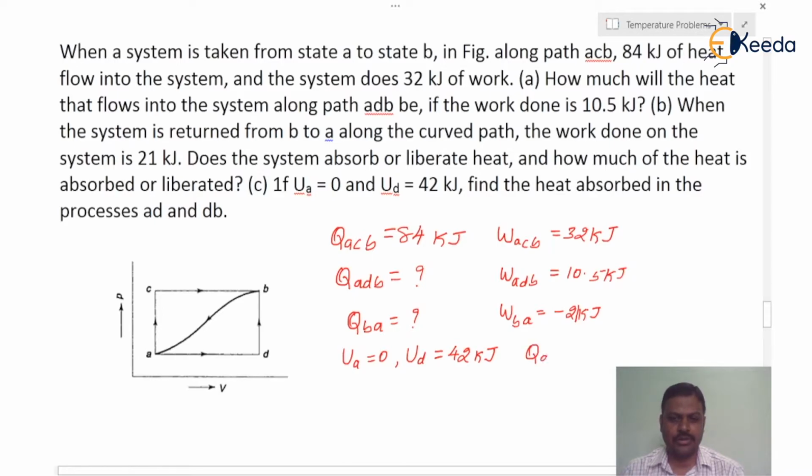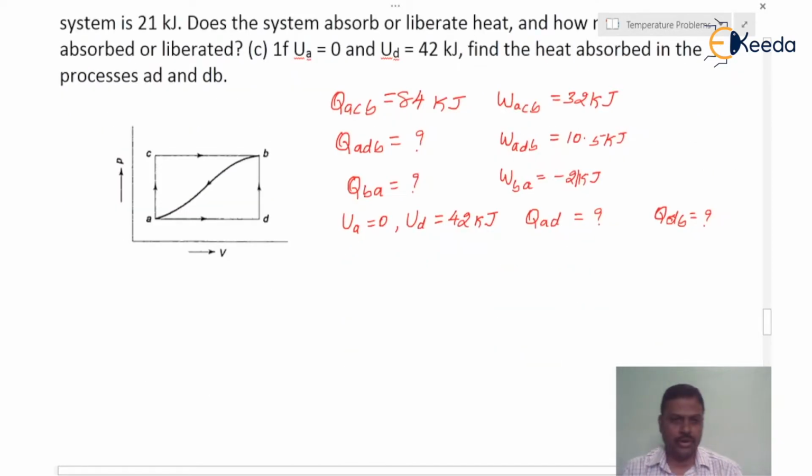So what is QAD and QDB? To find out QADB, QADB equal to final internal energy, that is UB minus initial internal energy UA plus WADB.